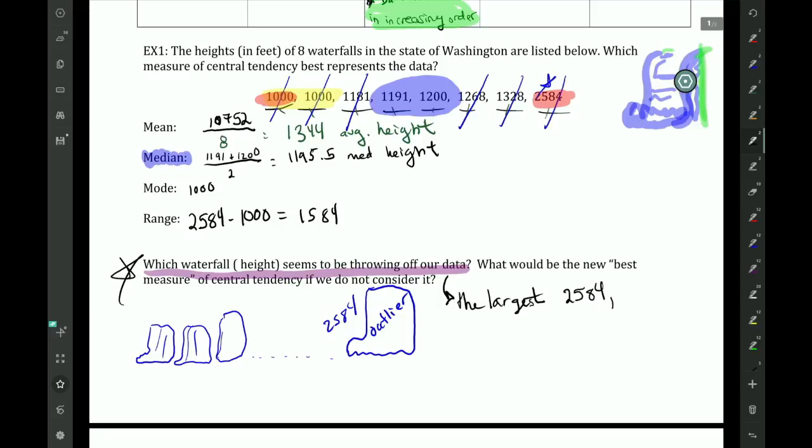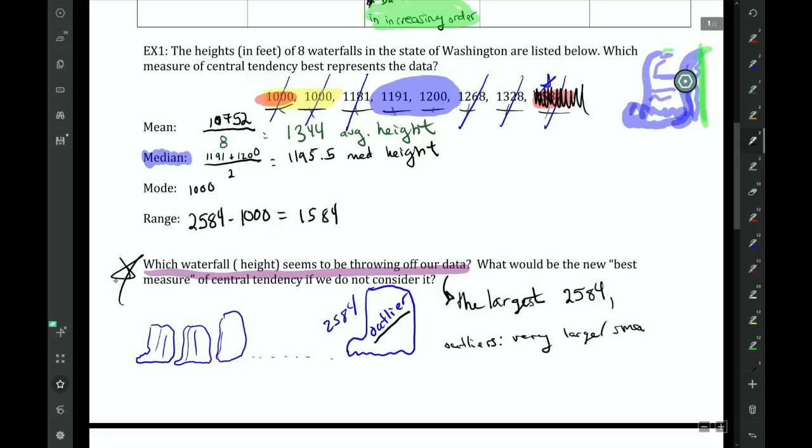So really the question is, if we get rid of 2,584, what is the new mean, median, mode, and range? Those again are what we call outliers. They're either very large or very small, so just very different, that differ from the rest.